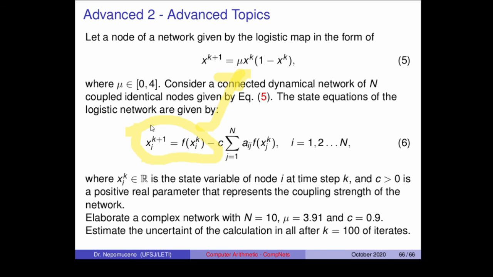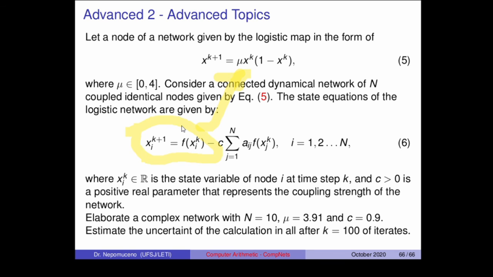But you are going to add minus c times the adjacency matrix a_ij of f, where x_i(k), which belongs to R, is the state variable of node i at time step k, and c is greater than 0, a positive real parameter that represents the coupling strength of the network.